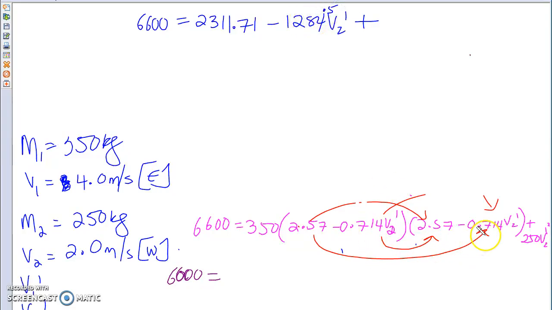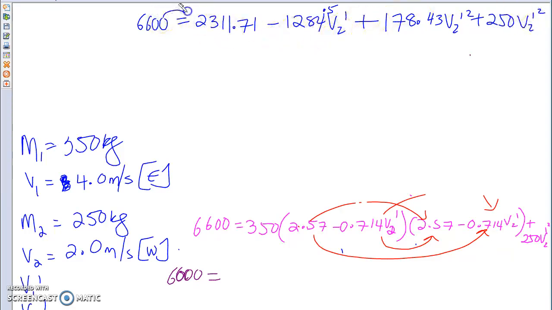And the last one is 0.714 squared times 350, which is? I want you to tell me that value first. 178.8, correct? V2 prime squared plus 250 V2 prime squared.